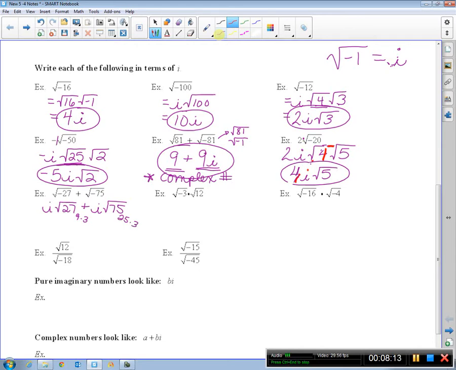So what will we get? 3i radical 3 plus 5i radical 3. Those I can combine because they have the exact same part. With a 5 plus a 3, it's 8i radical 3.